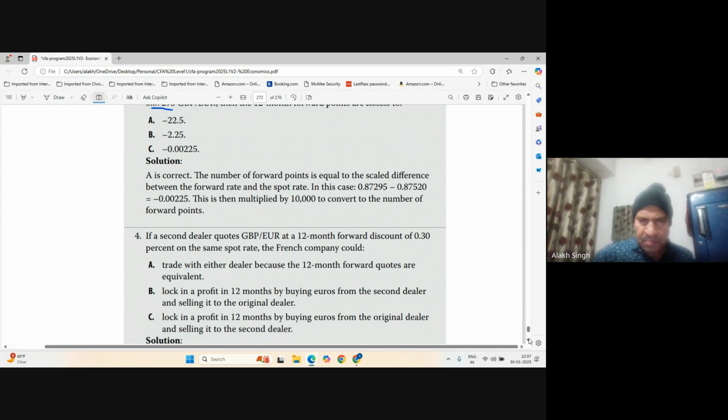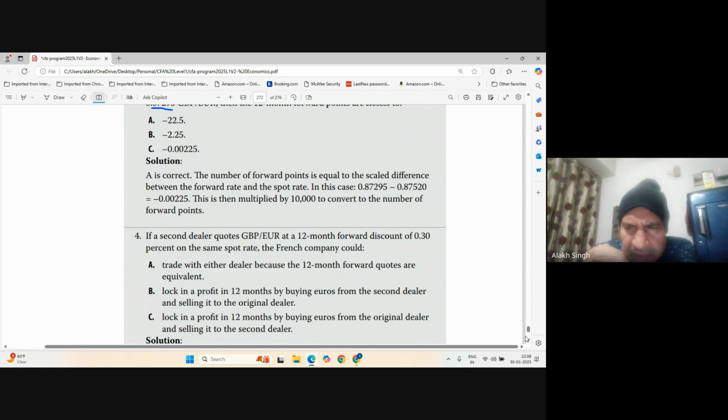If we take 0.225 divided by 0.8752, how much is that? So 22.5 divided by 8752, calculated as a percentage, comes out to 25.7.